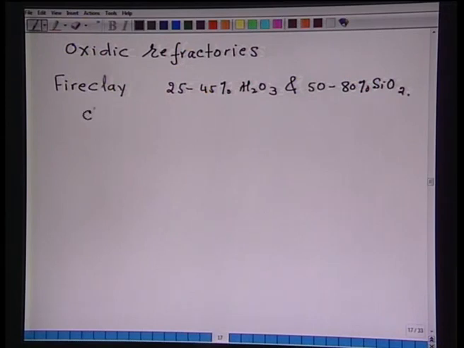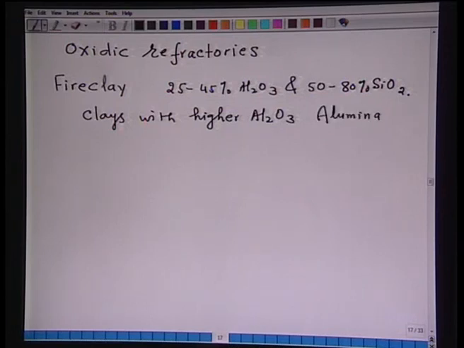Clays with higher Al2O3 content are called alumina refractories. Now, the properties of these refractories: the porosity varies in between 9 to 24% depending on the firing temperature.